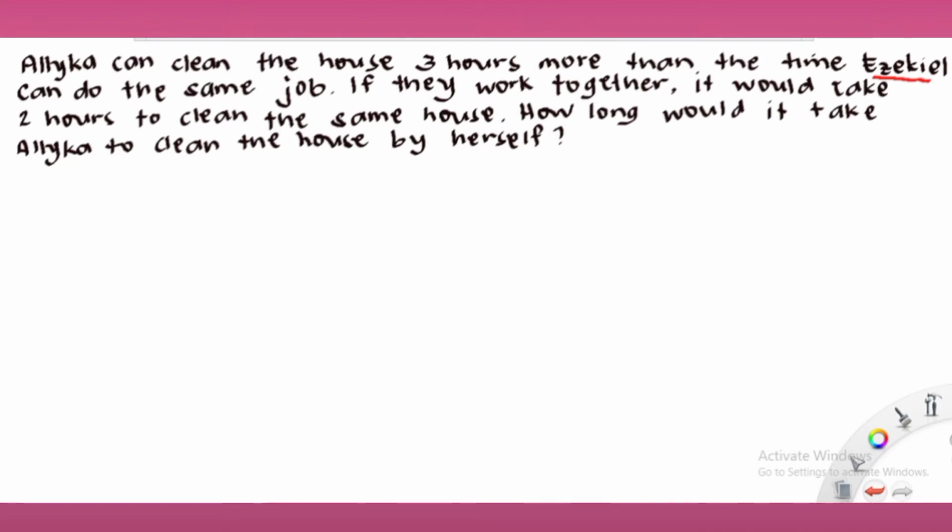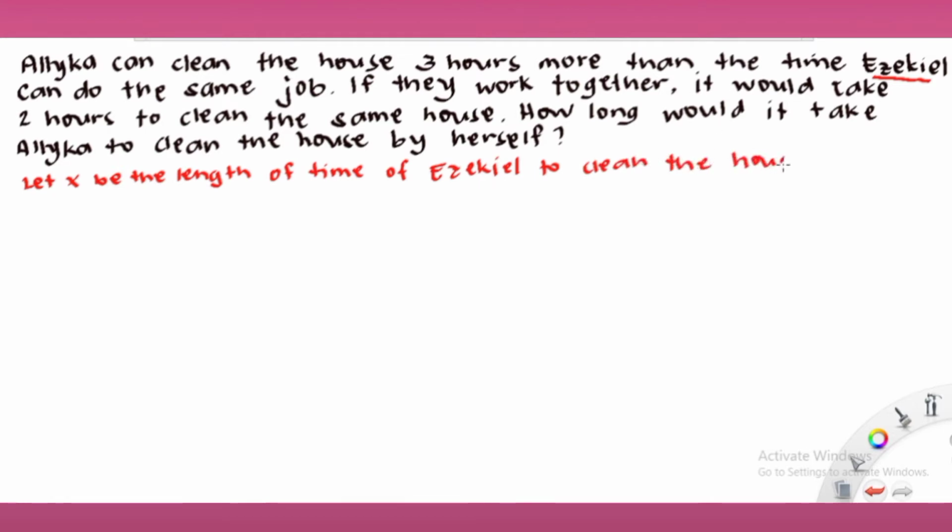So, we will let x be the length of time of Ezekiel to clean the house. So, ito yung haba ng oras na kayang linisin ni Ezekiel yung bahay. We represent that with x since that is unknown.